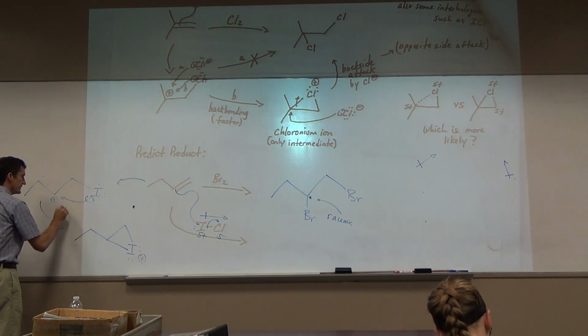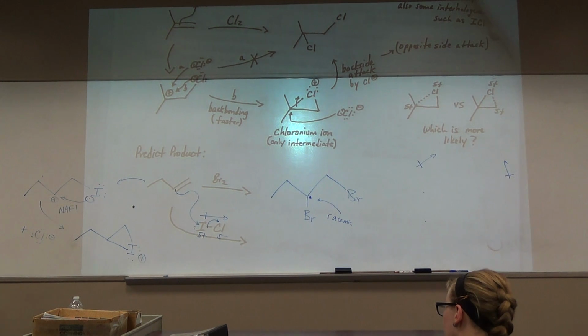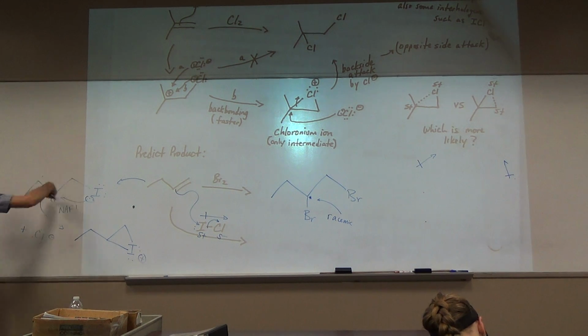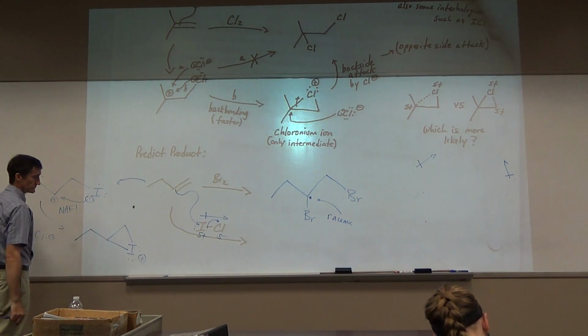But this guy here is not actually formed. My first two steps happen at the exact same time. This is the first intermediate. This is just me on the board trying to help us along. It's not formed in real life. There you go.